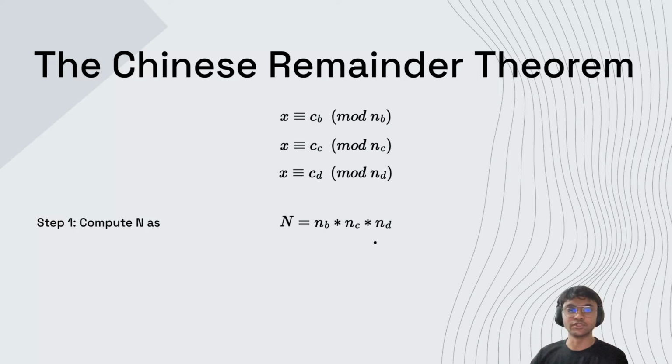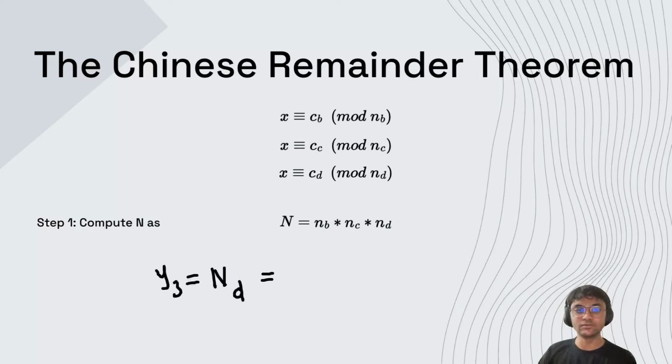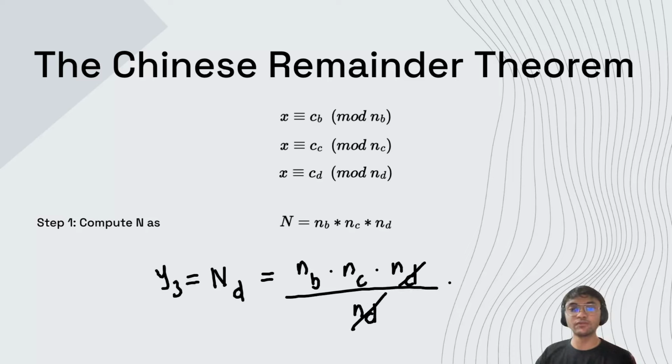Similarly, for our last equation, which is y3, which we can also represent as Nd, we have nb times nd times nc over nd, and we are left with nb times nc.